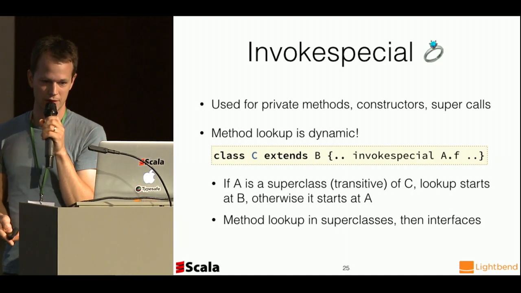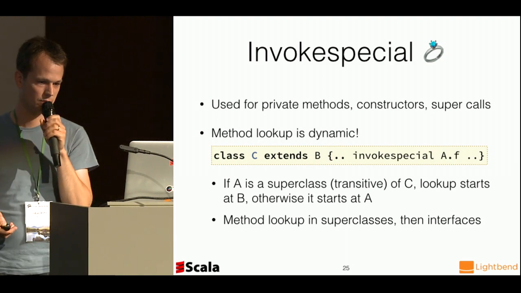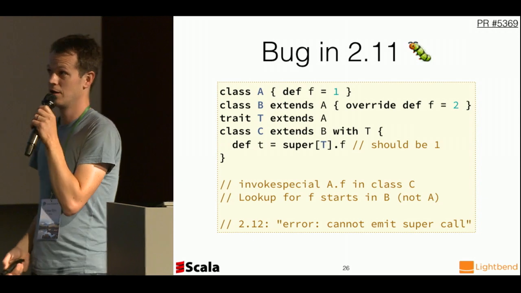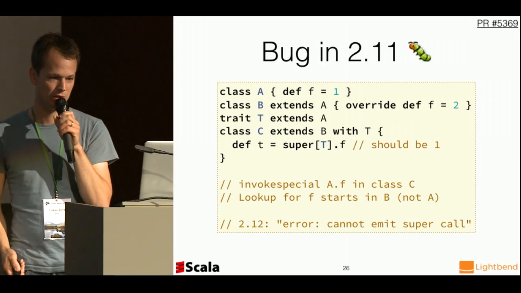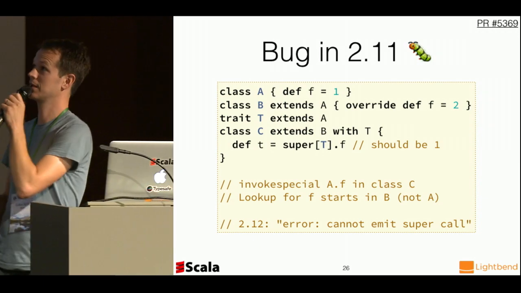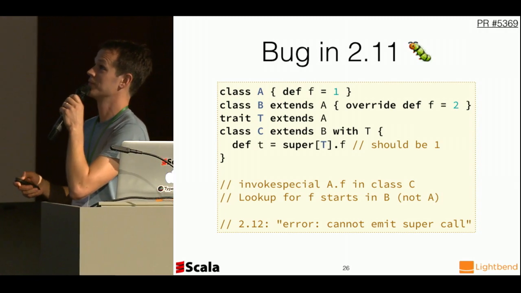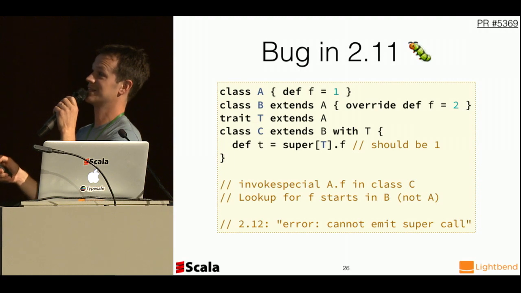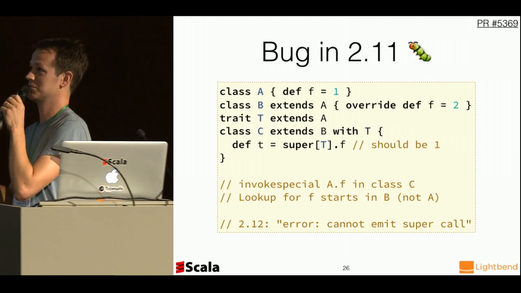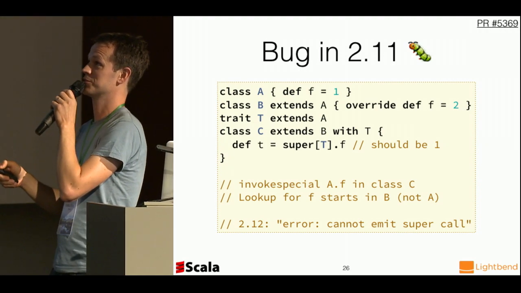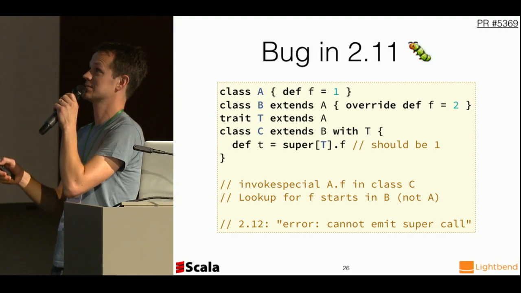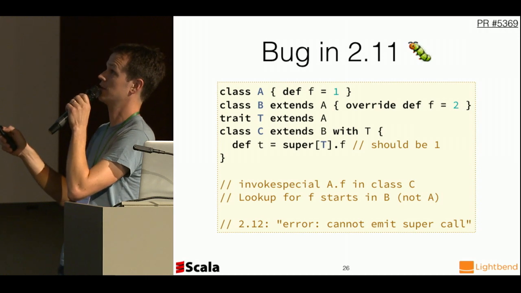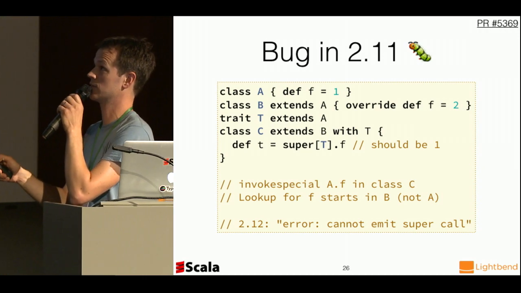Right. And there's a bug in 2.11 and probably many versions before, where you can exploit the fact that we had a misinterpretation of the spec in this case. Again, it's a little bit intricate, and it follows this pattern that there's a trait extending a class, which is a little bit weird and sometimes causes issues. So the base class is A with f, then you have a subclass B that overrides f, and then you have a trait T that extends A, right?